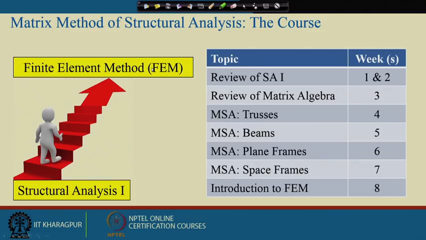So, this is the journey which will take you from structural analysis 1 to the finite element method, and this is the week wise lectures.